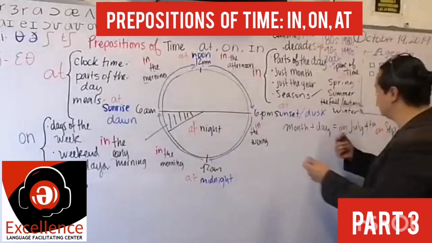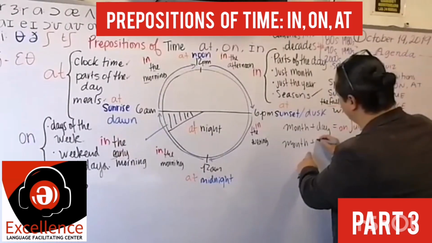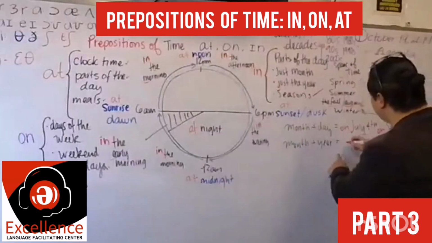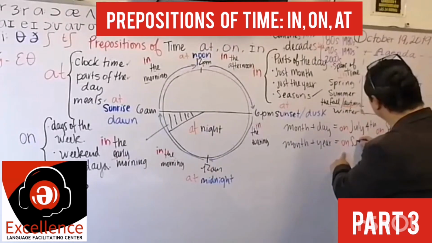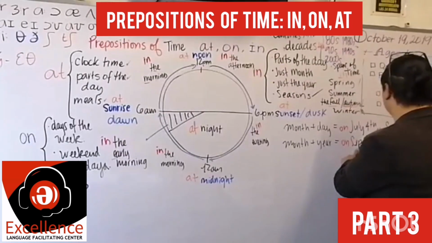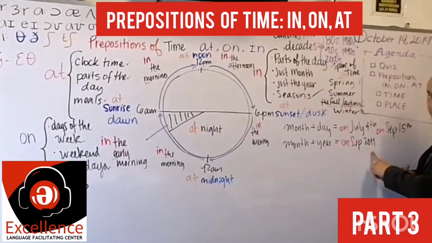So month and day. It could also be month plus the year. Okay? So you could say, on September 2011 the World Trade Center collapsed, right? Sad moves.